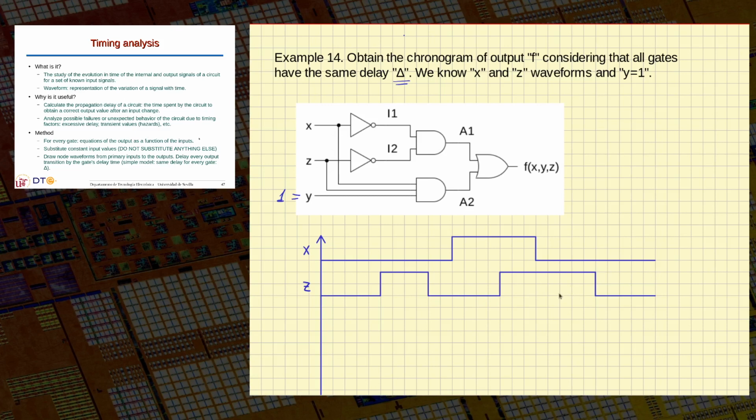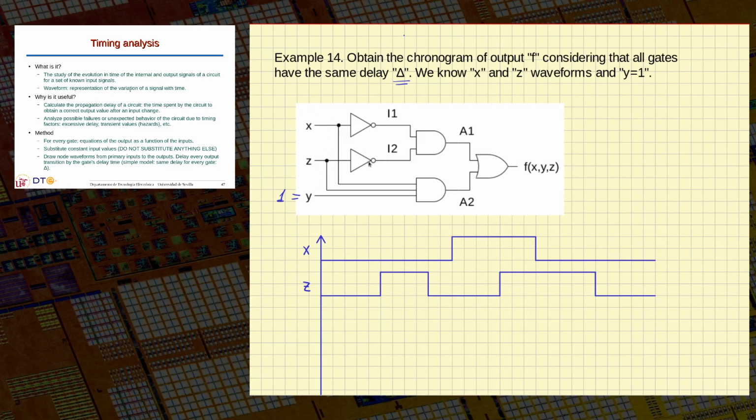Okay, so given the circuit, we may do a functional analysis. We could calculate the expressions at the nodes going from the input to the output and obtain an expression for F as a function of the inputs.